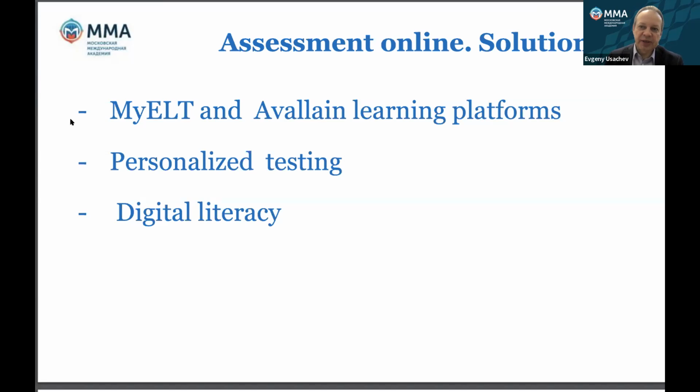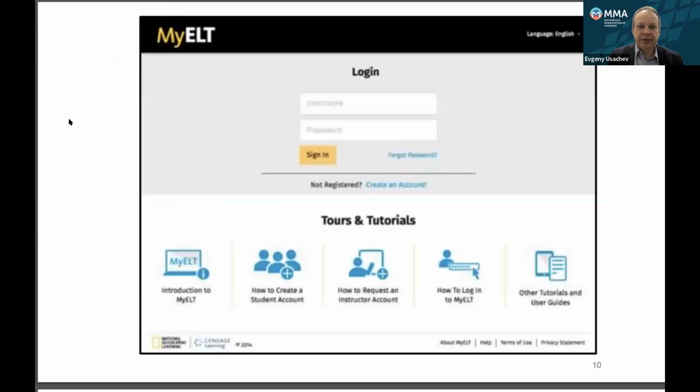The second way, as I said earlier, is personalized testing, which I mentioned, and of course, some issues of digital literacy. So now, briefly, I'll explain how we work in the Moscow International Academy.